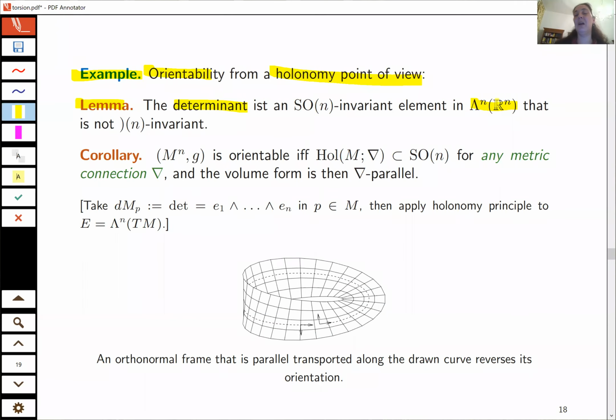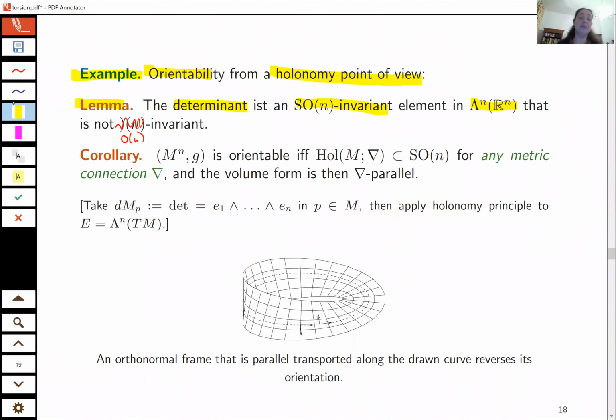It's a multilinear antisymmetric element, of course, in n variables. The determinant is SO(n) invariant, but it's not O(n) invariant. So the determinant is, in this top line bundle, just the invariant measuring non-triviality.